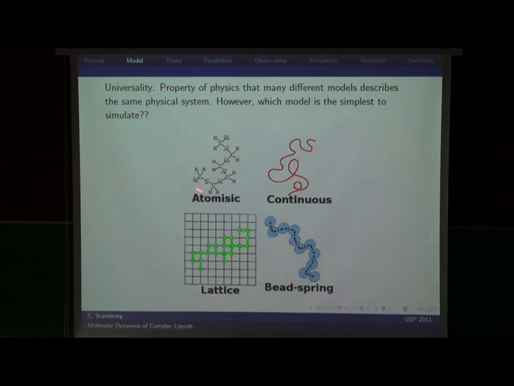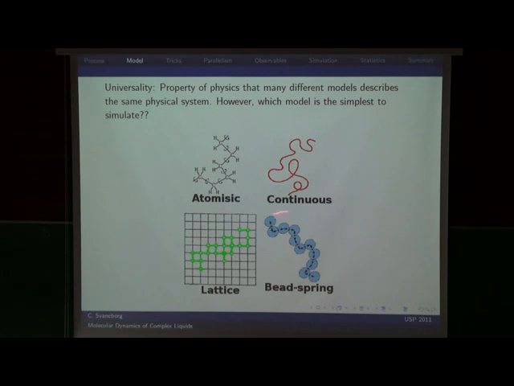Or we could take the polymer and describe it as something that is living on a lattice. This is very efficient if you want to do Monte Carlo simulations, but it will not teach you anything about the dynamics of polymers. Or we could pick a bead-spring model, so instead of simulating each hydrogen, each carbon, we can lump together many monomers into one single bead, and describe the polymer chain as a chain of beads connected by springs.